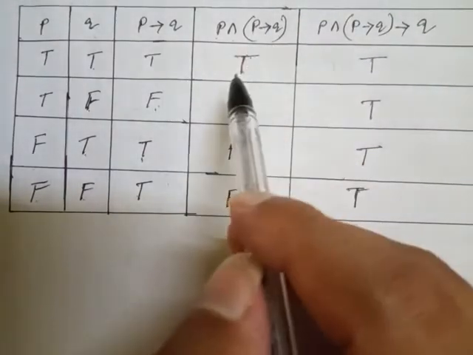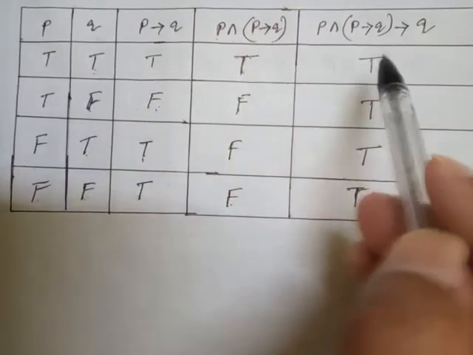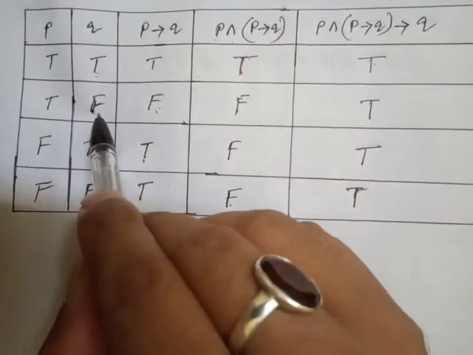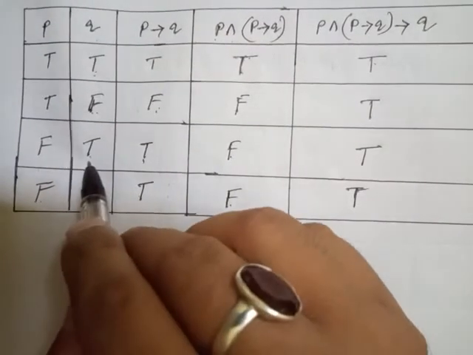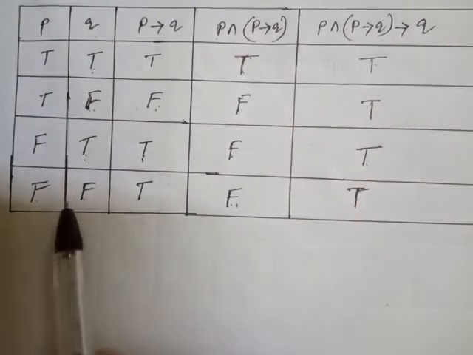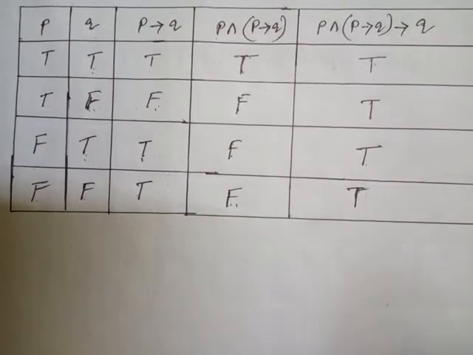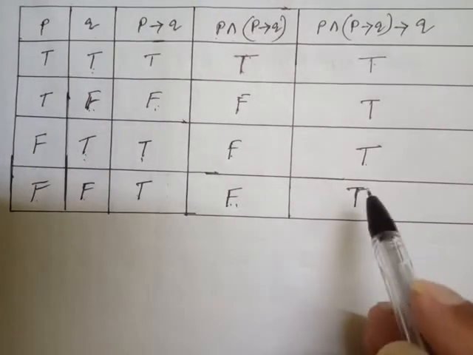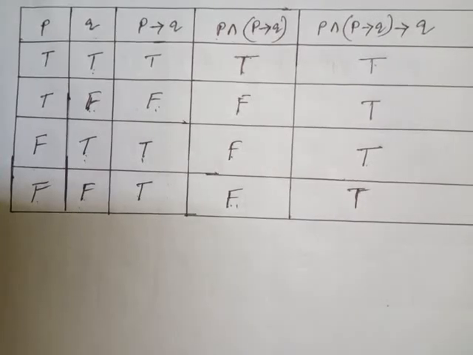I repeat again, true and true implication means true, false and false implication means true, false and true implication true, and false and false implication true. So this is our 1C of exercise 2.1, it is over.